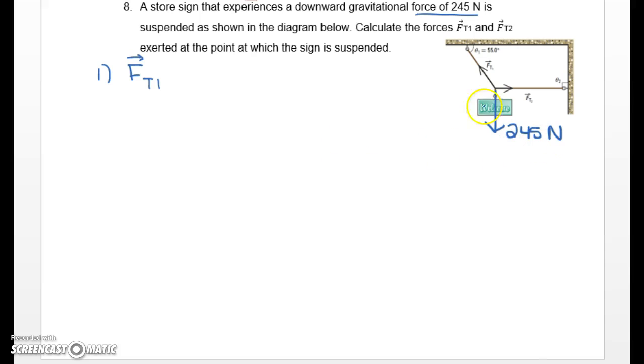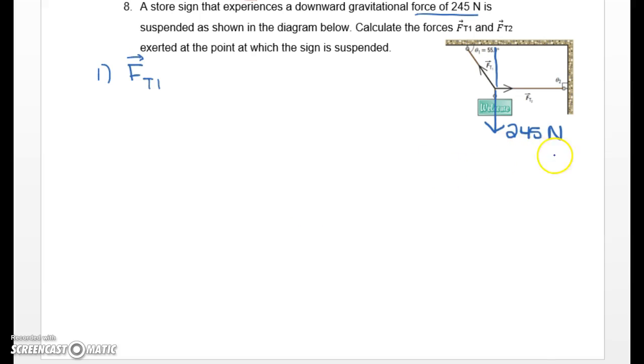In order to solve for our first force, which is this one right here, we can once again make a right triangle. So we have this angle here that states that it is 55.0. And that's all the information that we're given right now. But one thing that I am going to say is that we actually do know another piece of information.